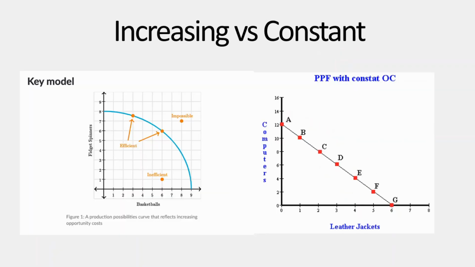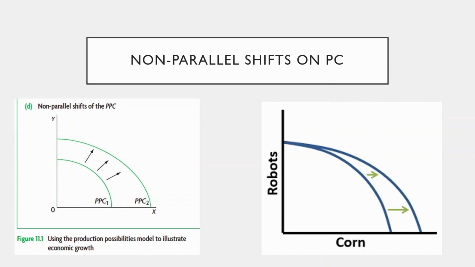Just so you know, there are some different types of graphs. We have the increasing opportunity cost one right here, and we have the constant opportunity cost one right here. You can also have non-parallel shifts on the production possibilities curve, just based on whether one thing shifts or affects one thing more than the other.